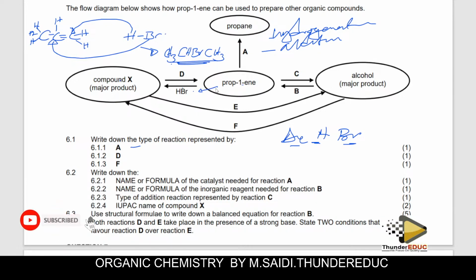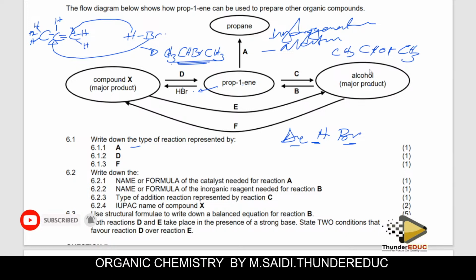Then, because that is general, they're saying compound F, reaction F. These reactions you just need to understand. I think I should make a full class just explaining only these reactions. Yes, this to this. Alcohol as a major product is still going to use the Markovnikov rule. So here it's going to be CH3, CHOH, CH3.